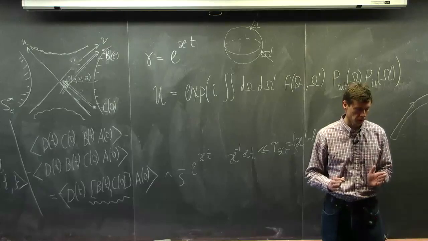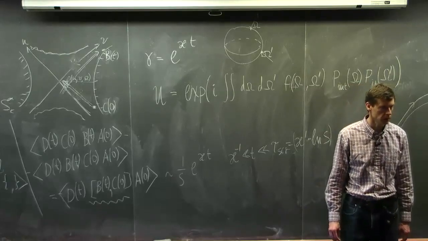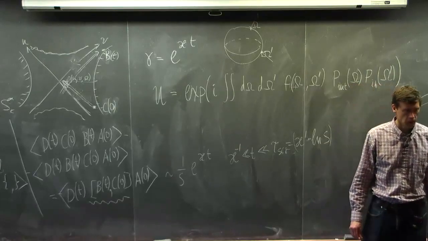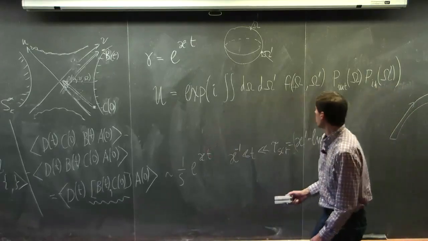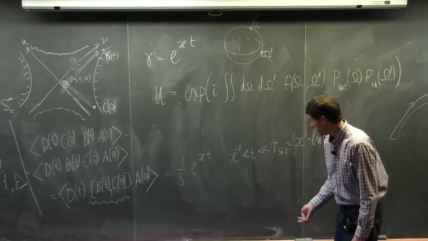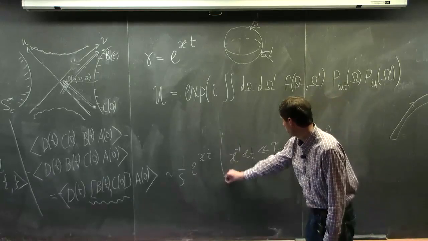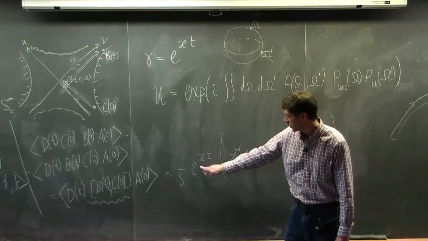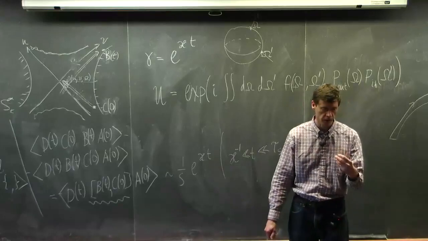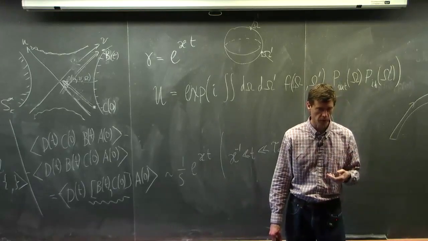So somewhere between the scrambling time and twice the scrambling time, it's going to break. I don't know exactly when it happens. But right now I'm interested in the linear regime, meaning it's just a pure exponent. It's like there is some signal and it's amplified in the system before it becomes nonlinear.